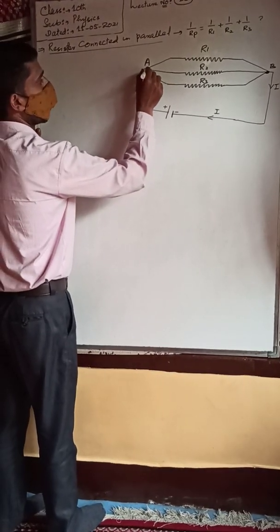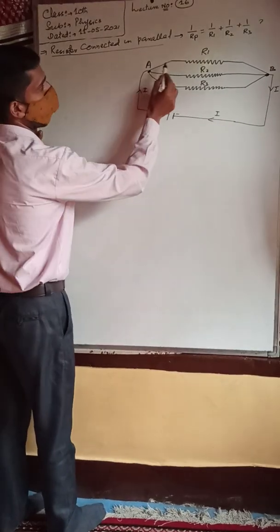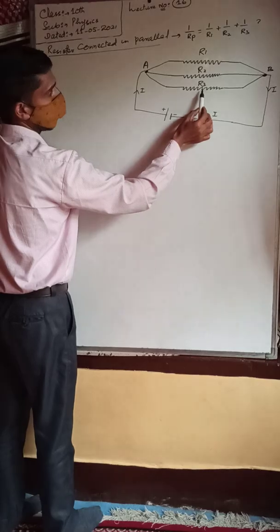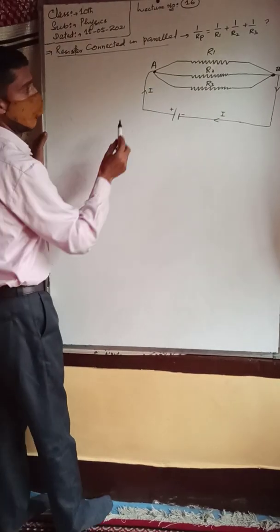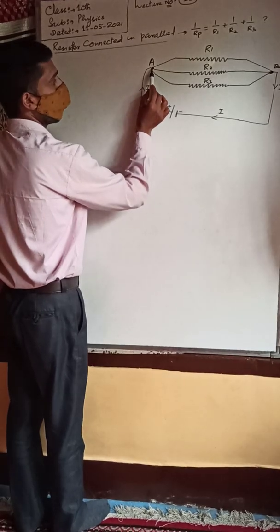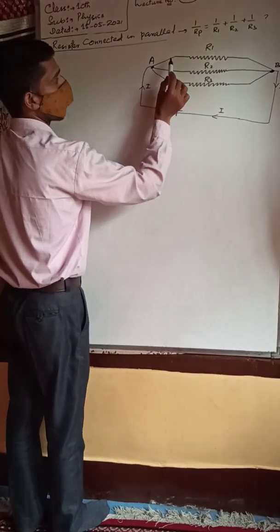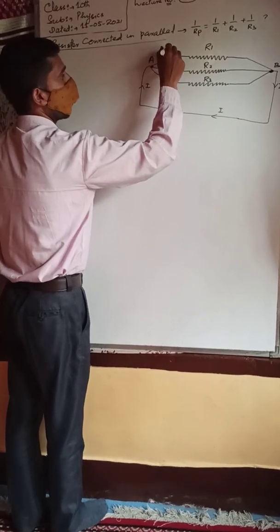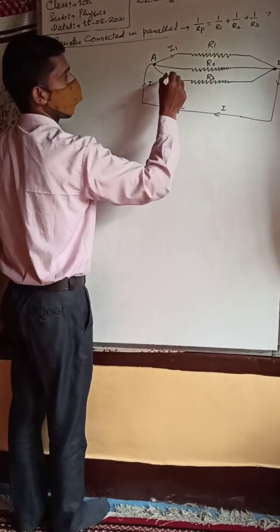When this current reaches the point A, since there are 3 ways, one way is through R1, second is through R2, third way is R3. Since there are 3 ways, this current will divide into 3 ways. Say through this R1 way, the current becomes I1.